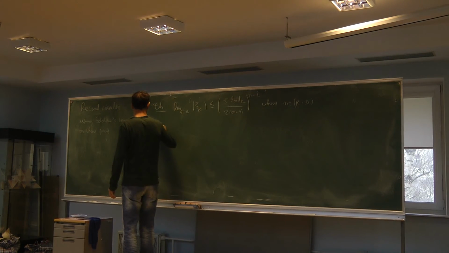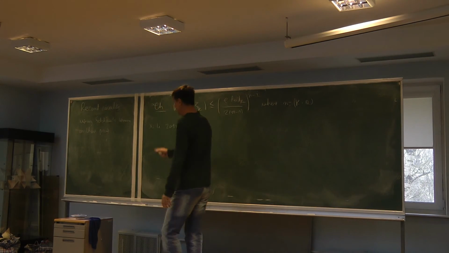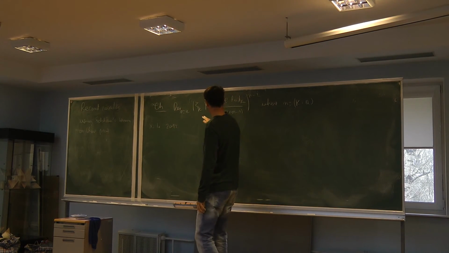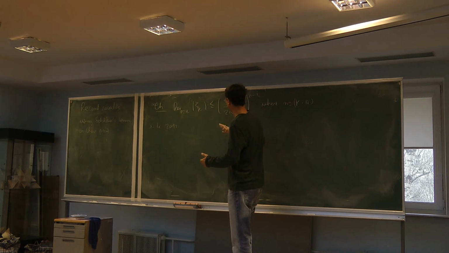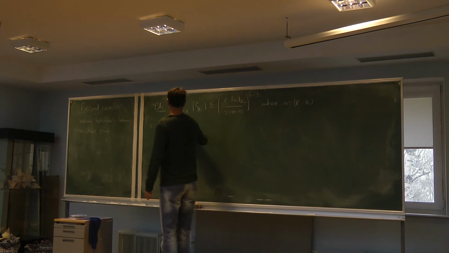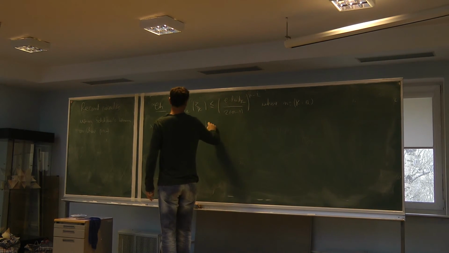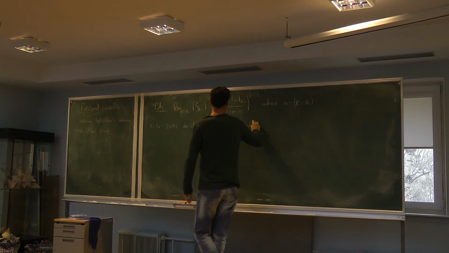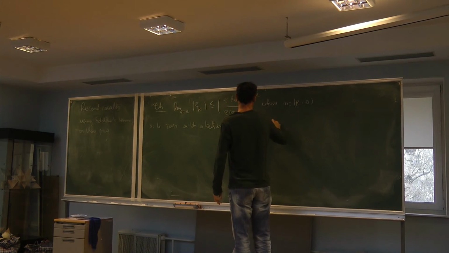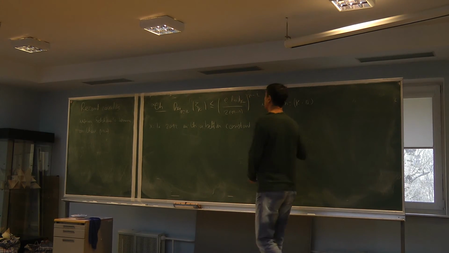Using Stechkin lemma, he obtained something much better than that, which is much more complicated to state. But the idea is that the constant here is much smaller than that.